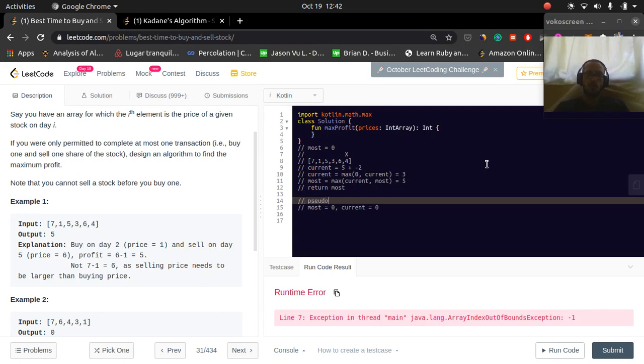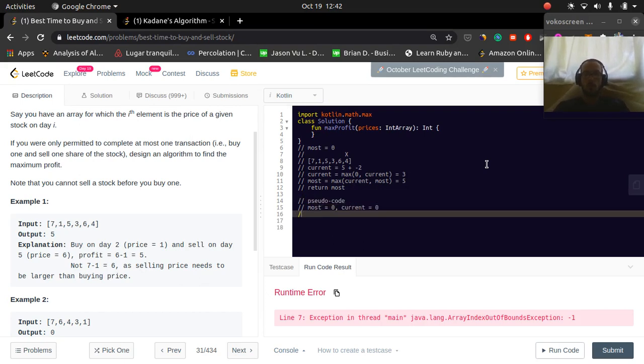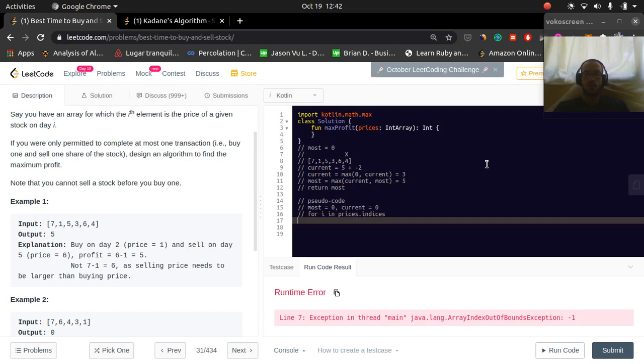Okay, and for i in prices.indices, let's say current plus equals, we'll add the current prices of i minus the previous day's prices.